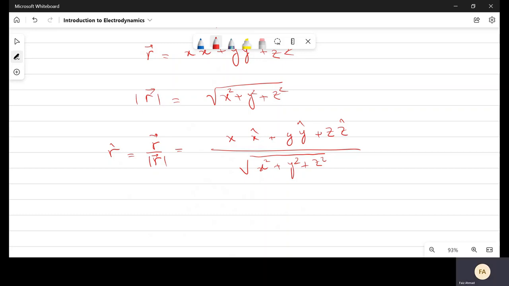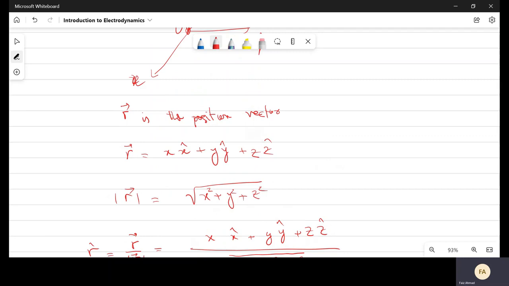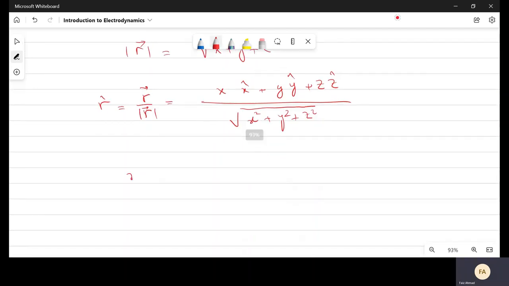If we have a small increment in R, say a small distance from here to here, call it dr, and dr is an infinitesimal displacement vector. So from x, y, z to x plus dx, y plus dy, and z plus dz.